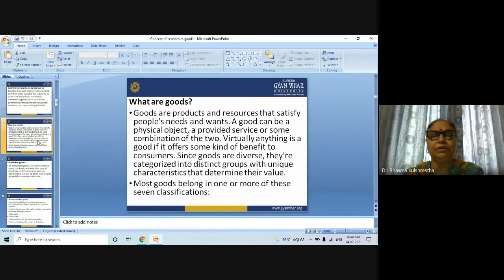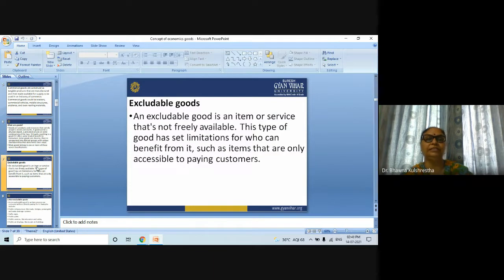Most goods belong in one or more of these seven classifications. First of all, we see excludable goods. An excludable good is an item or service that's not freely available.